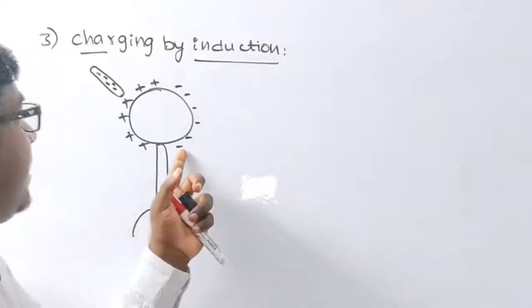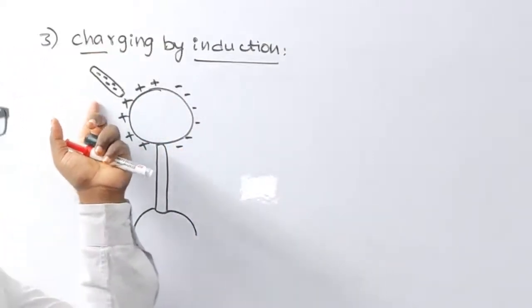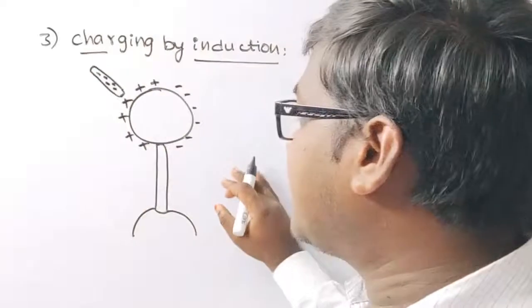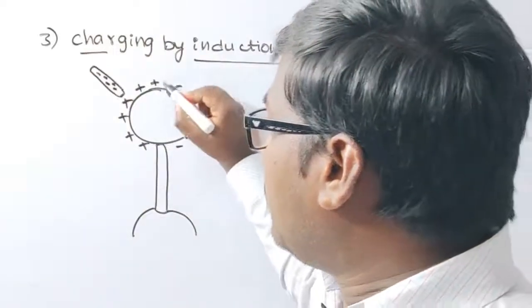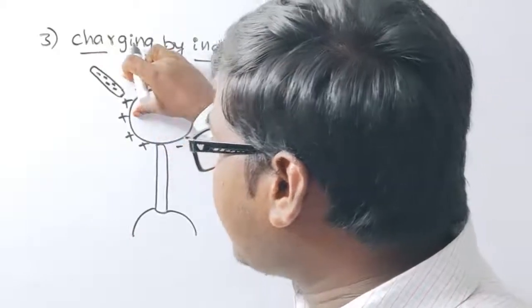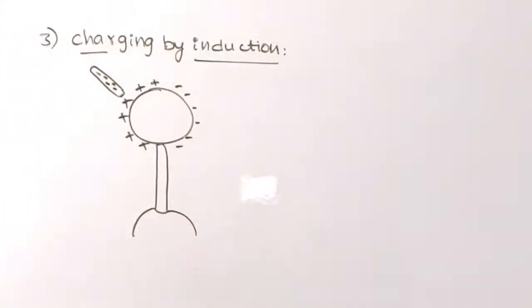Now the negative charged rod is brought nearer to the metal surface. The charges are attracted to the rod.